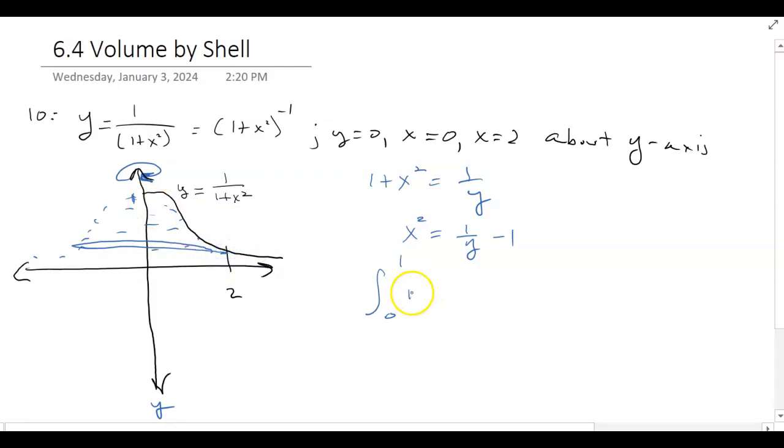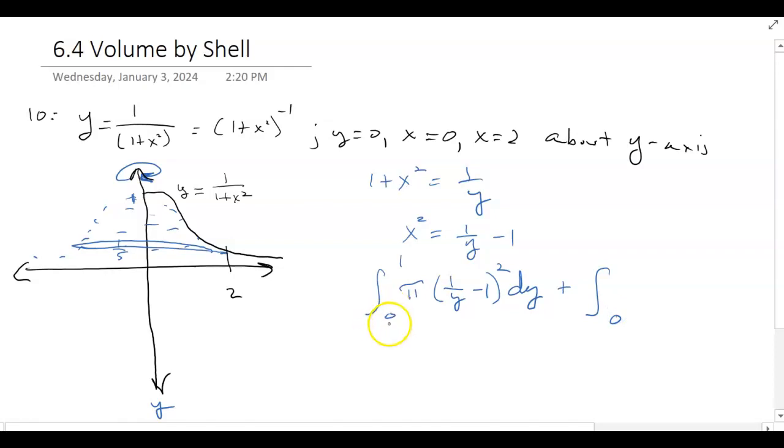So if we wanted to integrate pi times (1 over y minus 1) dy, we would then need to figure out what this value is. So when x is 2, we have 1 over 1 plus 4, we have 1/5. We would then have to integrate from, sorry, this isn't 0.